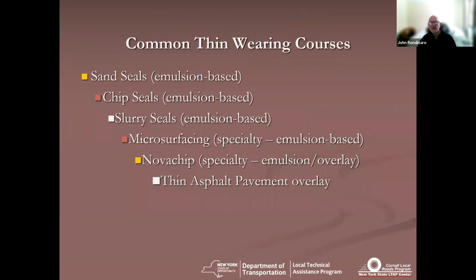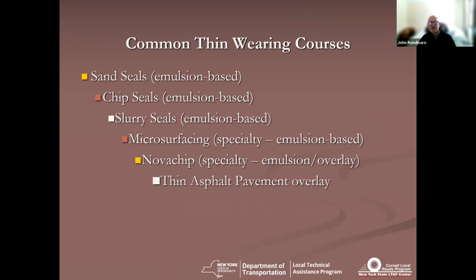In terms of our thin wearing courses, we've got a handful of tools in the toolbox. We've got sand seals and chip seals, which are emulsion based with an aggregate cover. We've got slurry seals and microsurfacing, which are emulsion based out of an all-in-one or self-contained unit. The microsurfacing is really a slurry seal on steroids. You're using a polymer modifier to really juice up the treatment.